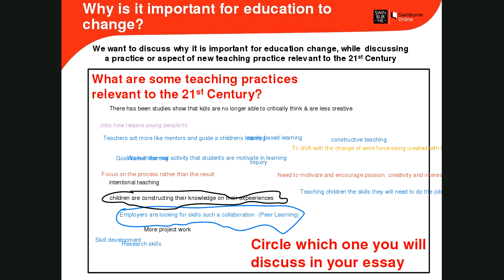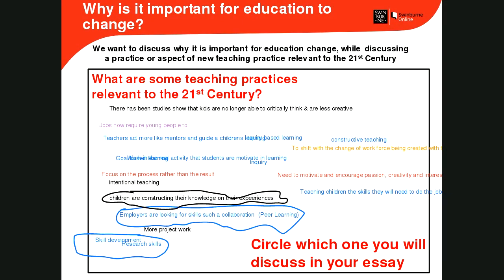Okay, so we've got someone now who's circling what they're going to discuss in their essay. Excellent, well done. So when you come to this part, it's really important to have that clear idea of why it is important for education to change, have the research to support that, and then also support your discussion there with the pedagogy. So in what way can the new teaching practice of the 21st century allow that change? How is it going to develop that change in education?